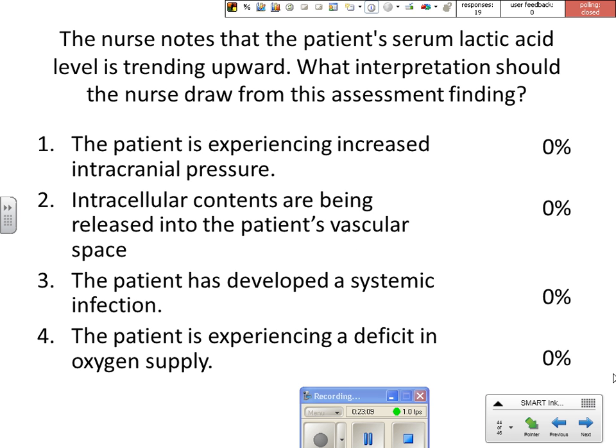The nurse notes the patient's serum lactic acid level is trending upward. What interpretation should the nurse draw from this assessment finding? The patient is experiencing increased intracranial pressure. Intracellular contents are being released into the vascular space. The patient has developed a systemic infection. The patient is experiencing a deficit in oxygen supply.